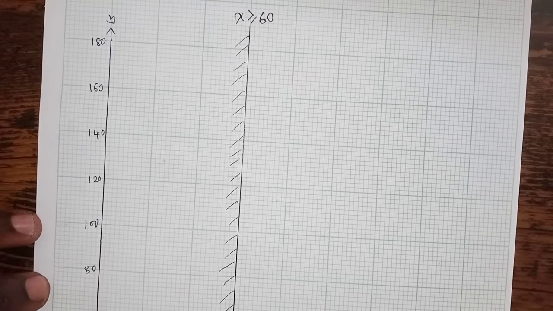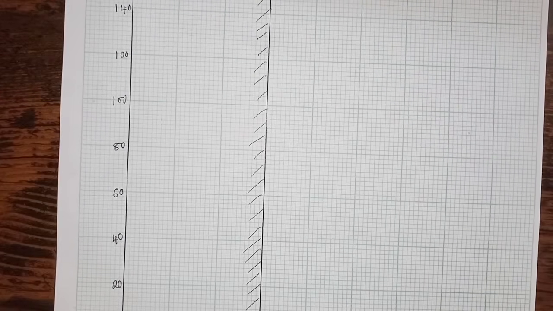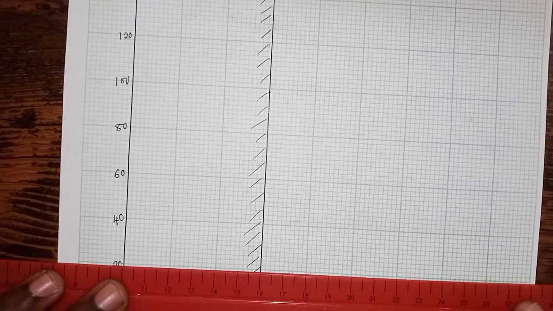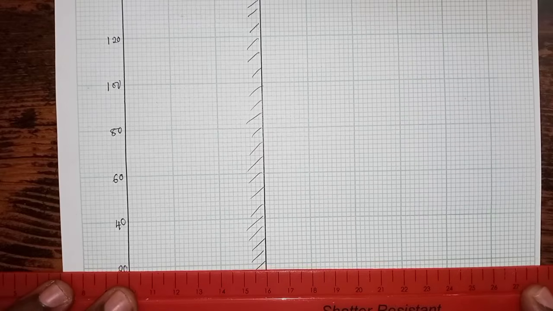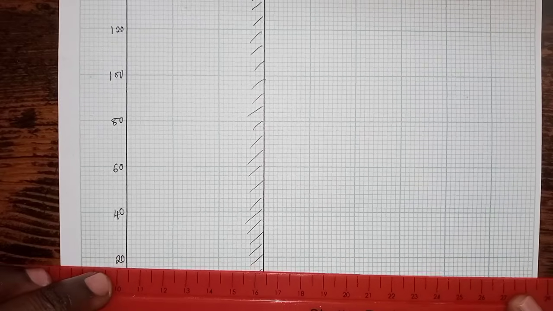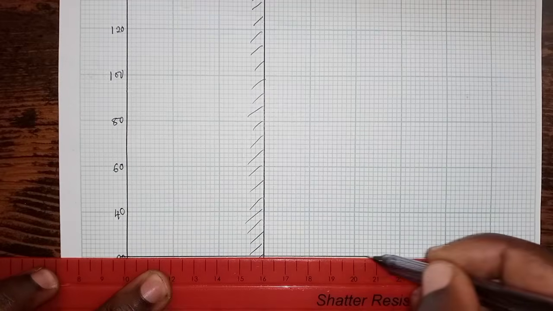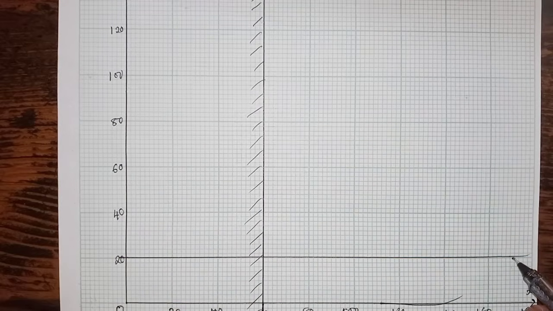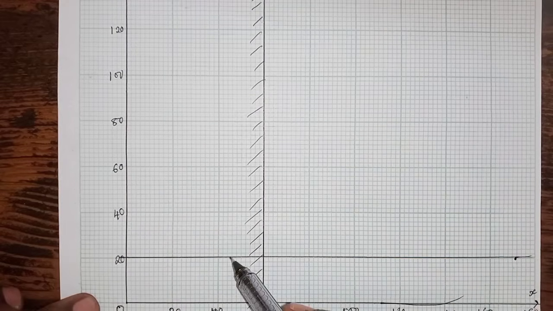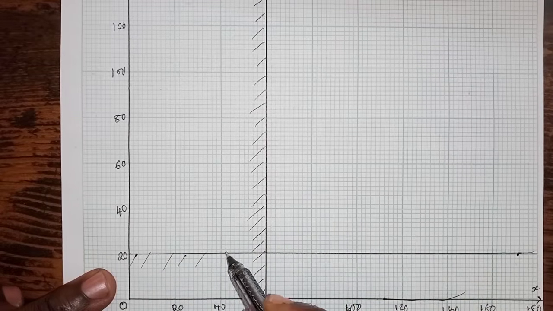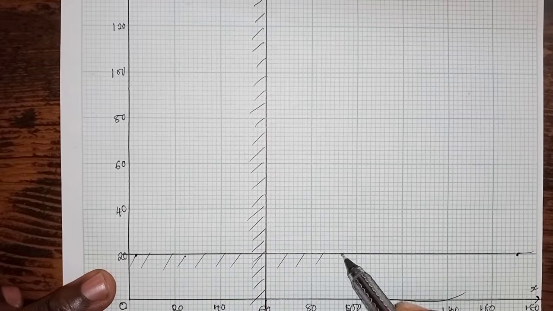We go to the next one, which says Y is greater or equal to 20. So go under y-axis where 20 is, okay? And we draw the line like that. If we see which side is greater, it is up here. So we shade the unwanted, which is down right here.